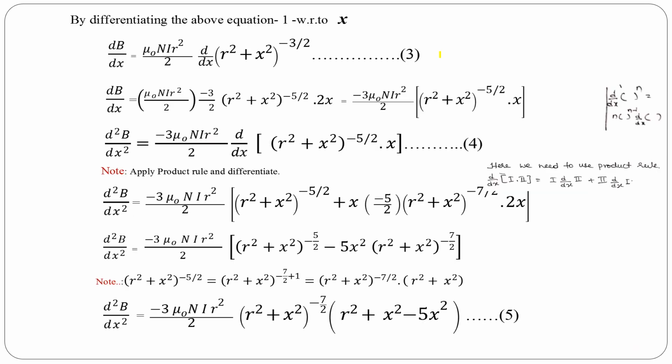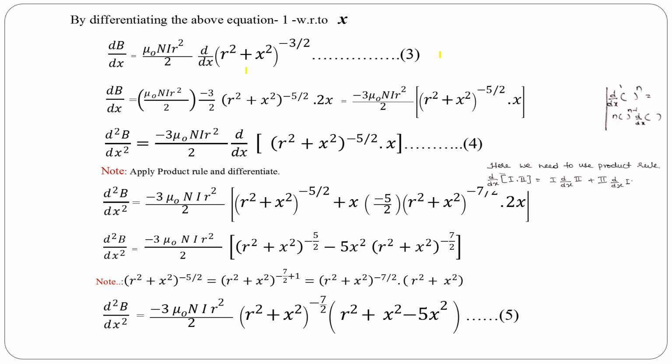Now consider the right hand side of the equation 3. Here you have to differentiate the term r square plus x square whole to the power of minus 3 by 2. Now differentiating this term, in the next step we can write dB by dx is equal to mu naught N I r square by 2. Then the differentiation term of r square plus x square will be obtained as minus 3 by 2 into r square plus x square whole to the power of minus 5 by 2 into 2x.